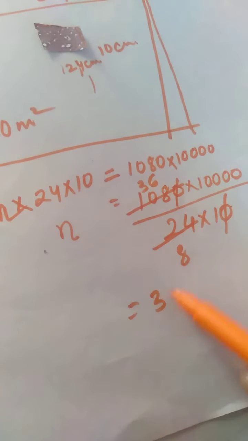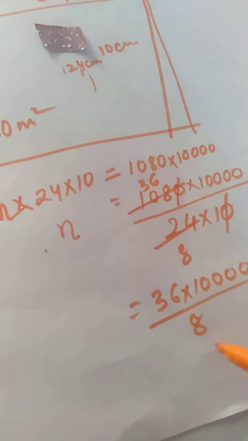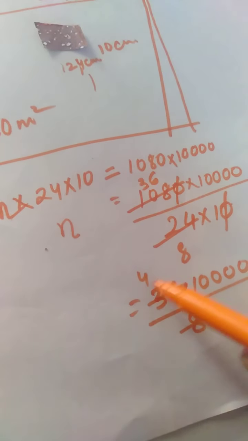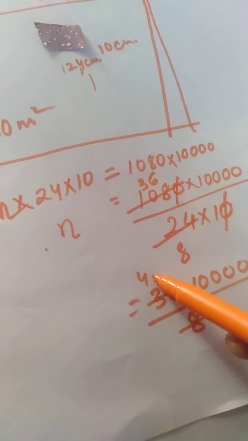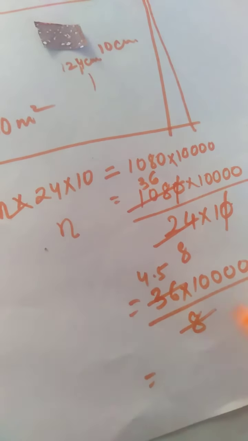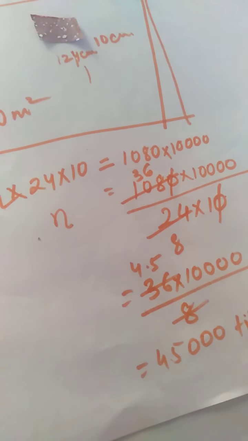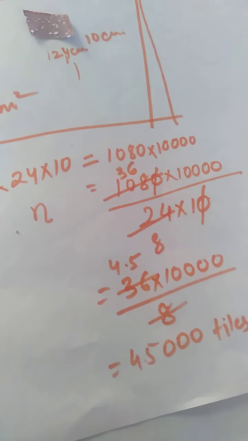So 36 into upon 8. Now again here we can just cancel this. 8 4s are 32, 4 5s are 40. 4.5 into 10,000 is 45000. 45,000 tiles will be required for this.